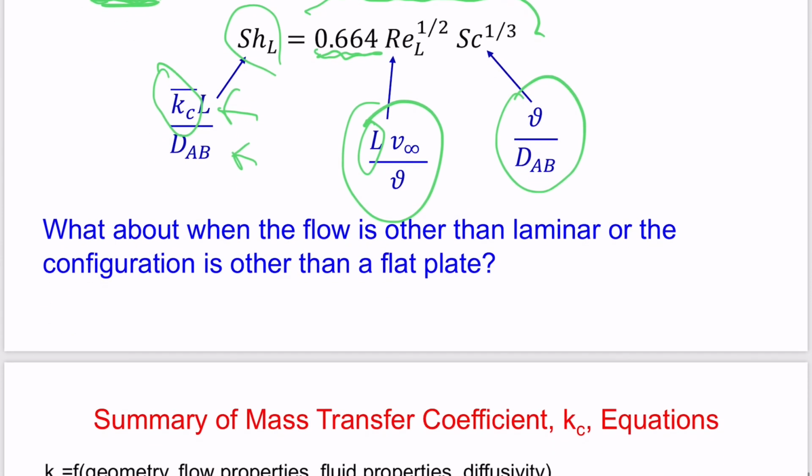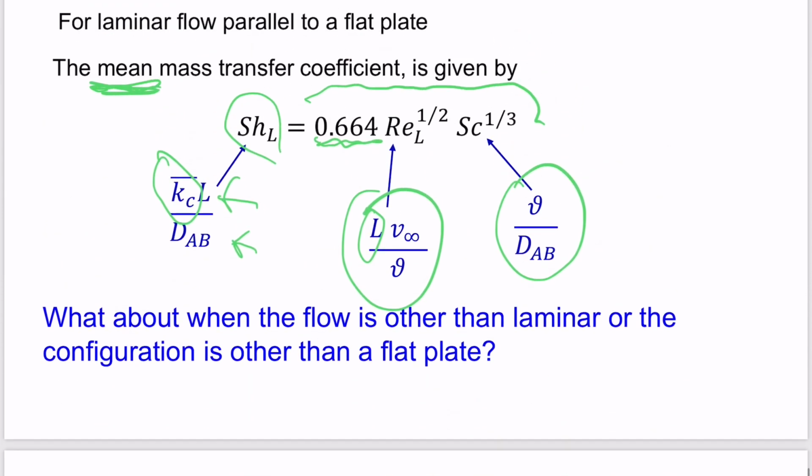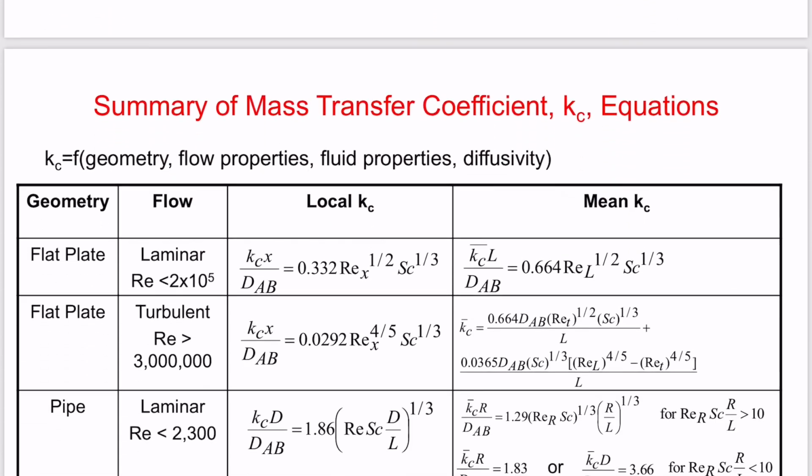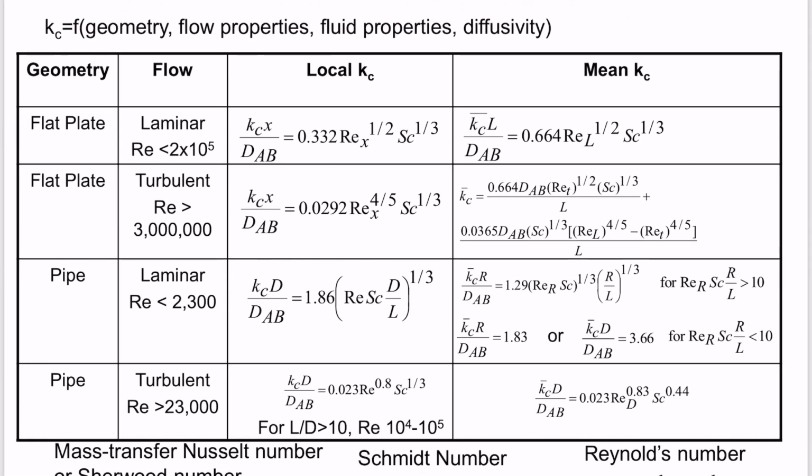If you have something besides the simple laminar flow over a flat plate, then you can come to this particular table, which gives you a few things. If you have a flat plate, if your Reynolds number is less than 200,000, these are the two relations that we just talked about.